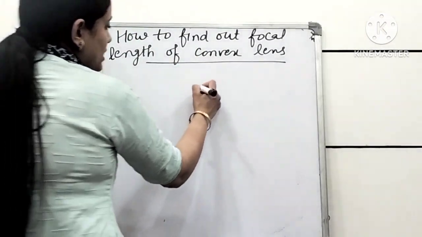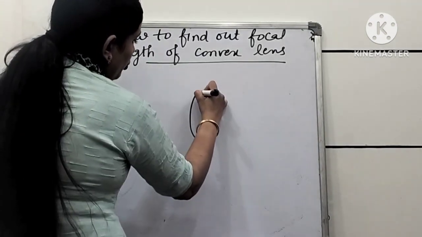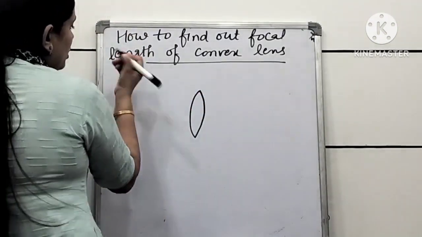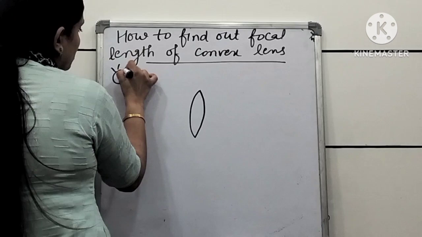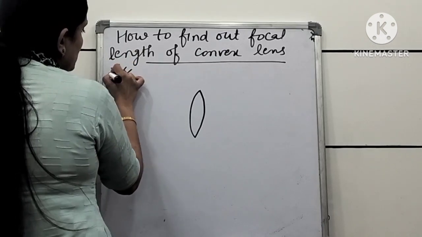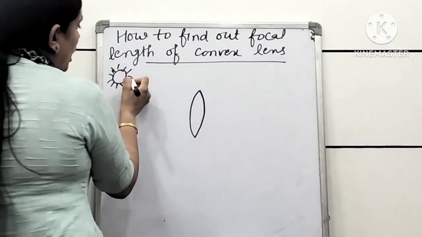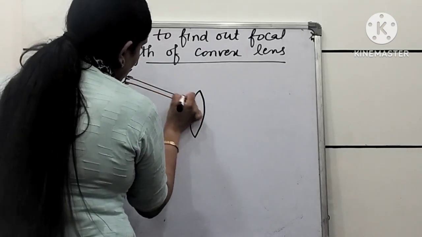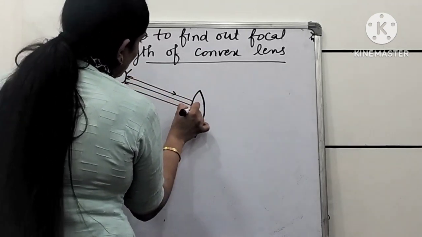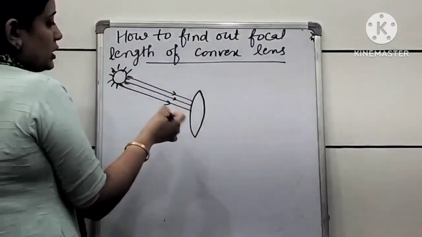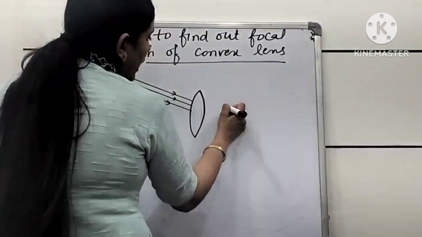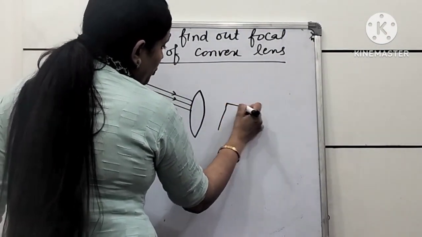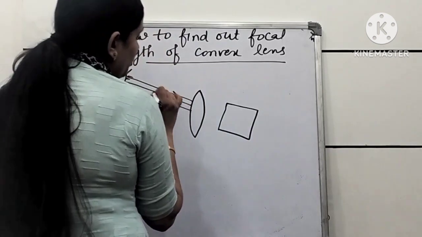Now the next topic is how to find the focal length of a convex lens. If you have a convex lens, we have to do an experiment. Suppose here is the sun. The sunlight rays from the sun are parallel to each other, coming towards the convex lens. We know that the convex lens has a converging nature, and here we hold a piece of paper.